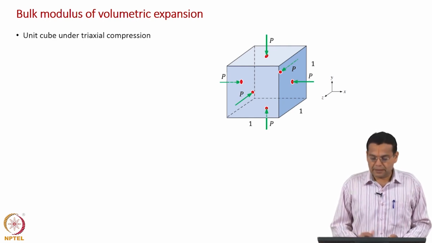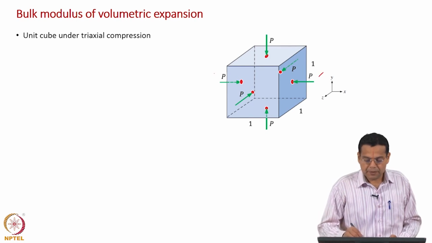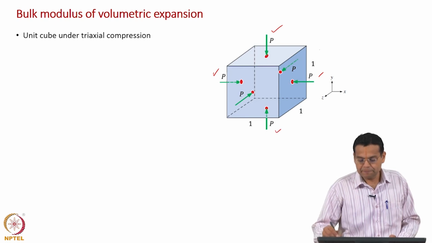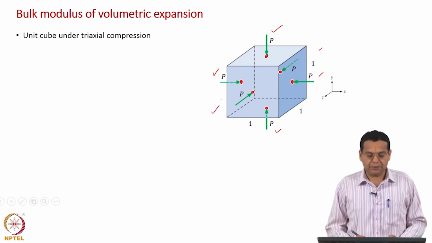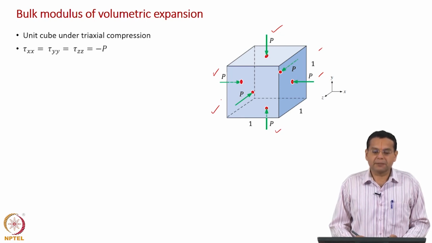And that is what is shown here. We have the normal stresses in x, y and z direction which are all of the same magnitude. So, tau xx is equal to tau yy is equal to tau zz is equal to minus p because it is a compressive stress. All of them same magnitude and compressive as well.